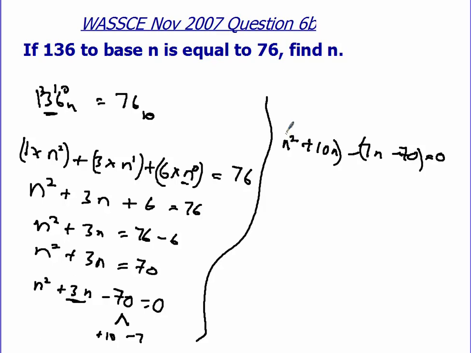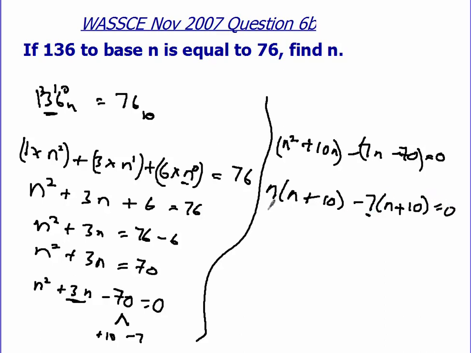I'm going to group it in twos. Therefore, n bracket n plus 10, minus 7 bracket n plus 10, equal to 0.